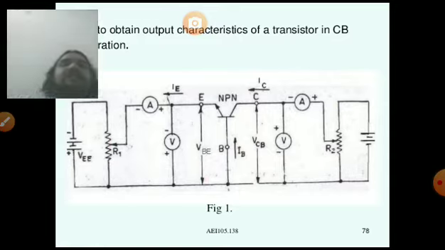Let's take an NPN transistor. It has the terminals base, emitter, and collector. In common base configuration, the base pin will be grounded.